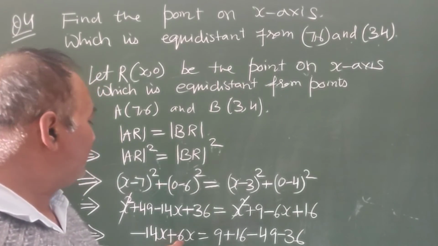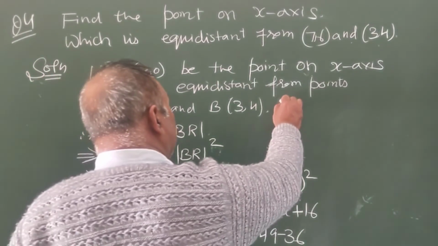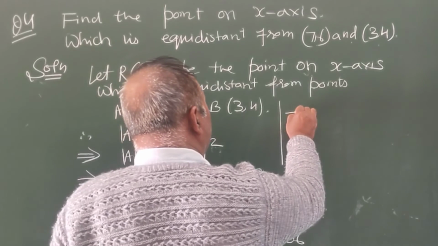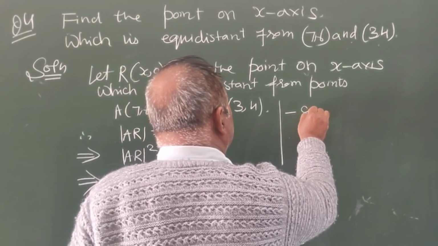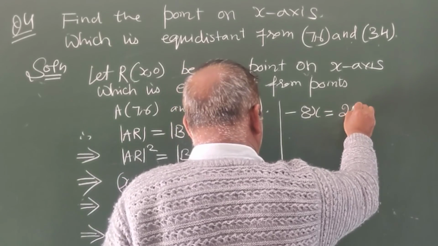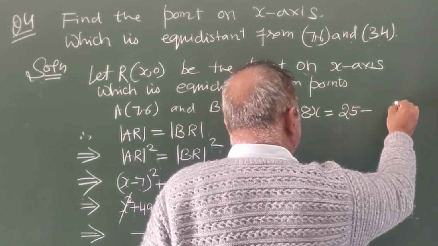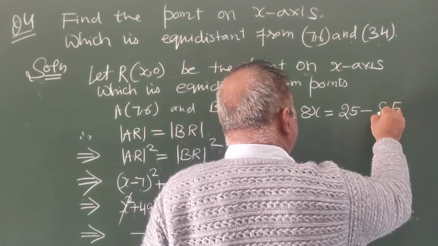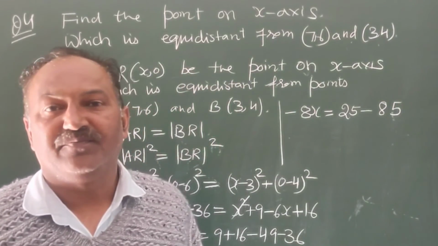Now minus 14x plus 6x becomes minus 8x, which is equal to 25 minus 85.